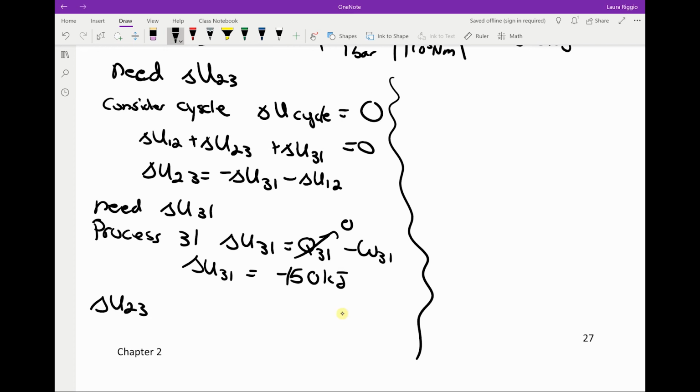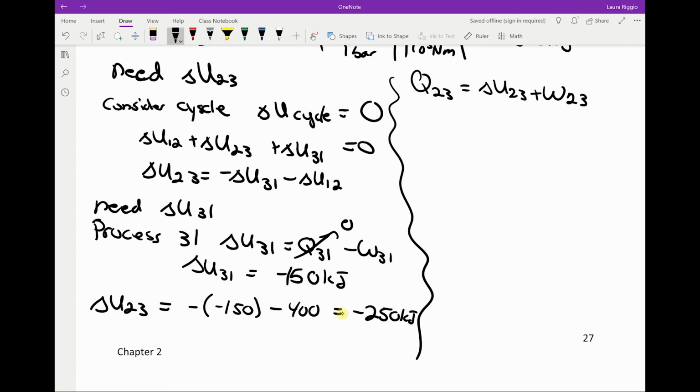So delta U from 2 to 3 is equal to minus 150 minus 400, which is equal to minus 250 kilojoules. So our Q from 2 to 3 is equal to delta U from 2 to 3 plus our work from 2 to 3, which is equal to minus 250 kilojoules plus minus 300 kilojoules, which is minus 550 kilojoules.